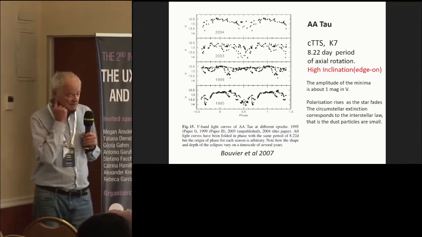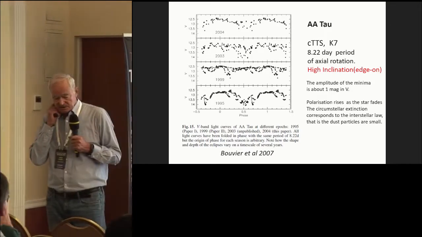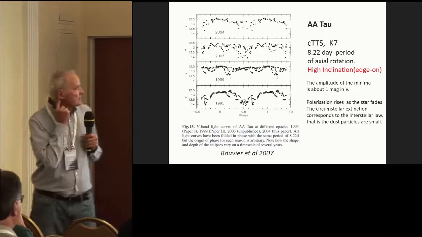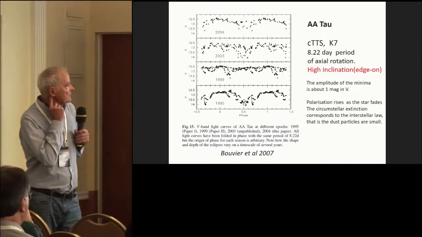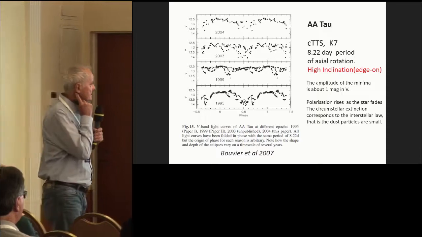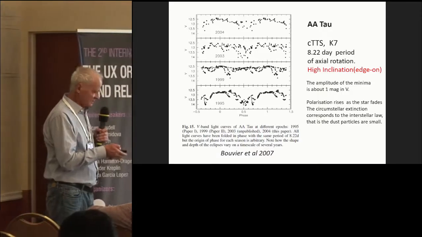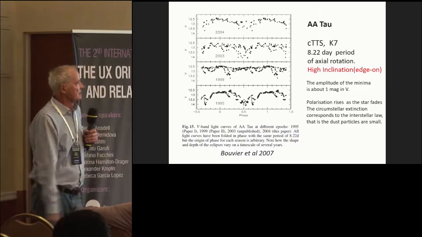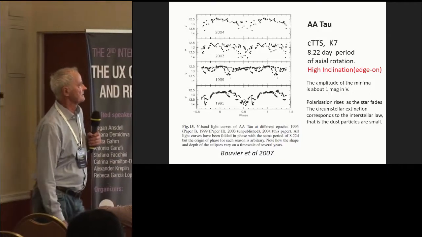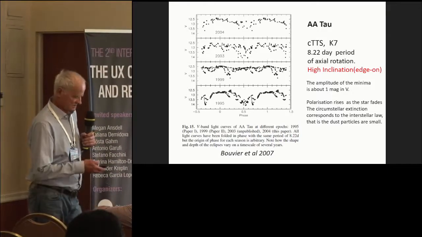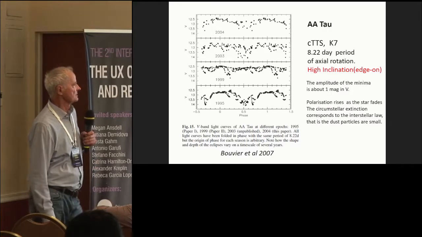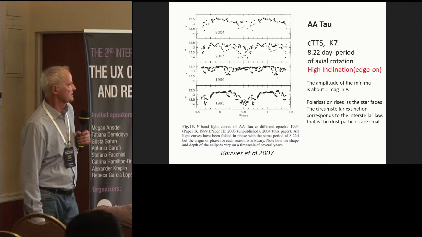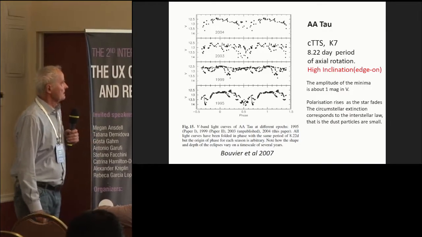Stellar brightness and emission lines, Balmer line profiles, vary with a period of stellar rotation of about 8 days. Polarization rises as the star fades, and the stellar extinction corresponds to the interstellar law, that is, the dust particles are small.